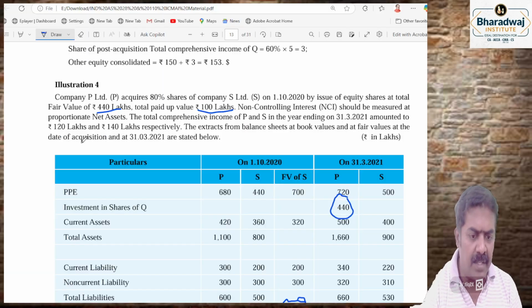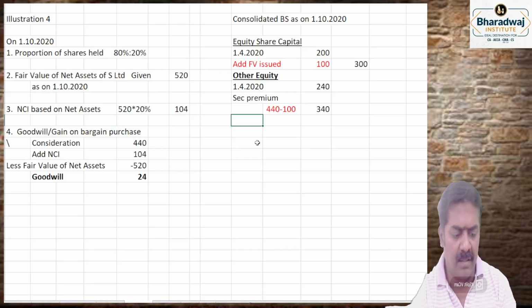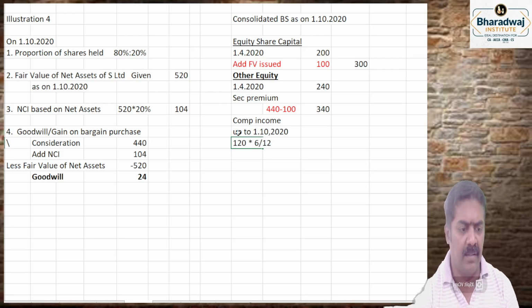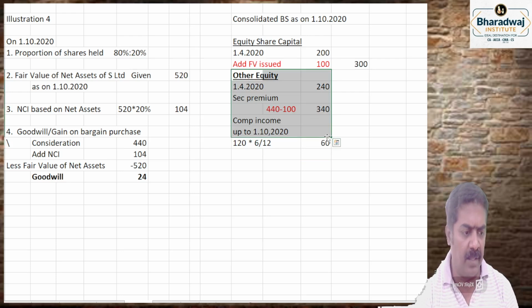What is the comprehensive income for the holding company? 120 lakhs, up to 1/10/2020. What is the profit earned for the period? 120 lakhs into 6 by 12, that is 60 lakhs. So this will be other equity.